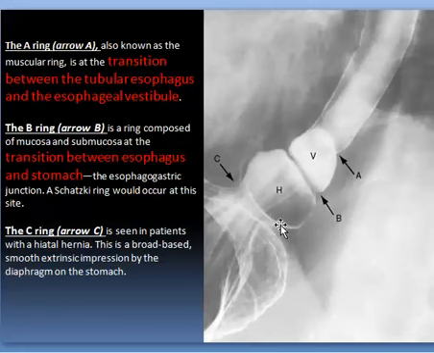And number 3 is the C ring, which is seen in patients with a small hiatal hernia. This is a hiatal hernia, the C ring. So the C ring is pathological, but A and B are normal.